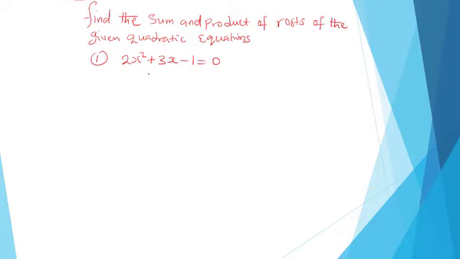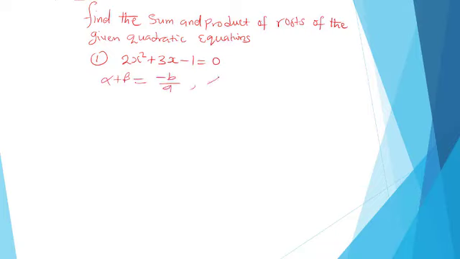We stated it that sum of root, that is alpha plus beta, is equal minus b over a, while product of root alpha beta is equals c over a. Now from this, let's pick out our terms. From this equation, you know that our first term here, this is a, this is b, and this is c. So our a here is 2, our b is 3, and our c is minus 1.